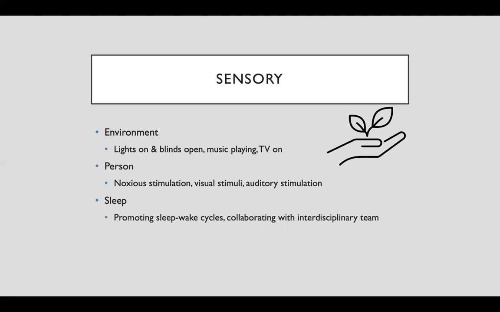More interventions to facilitate responses are providing visual interventions, such as scanning and tracking bright colors, and auditory stimulation, which may include, like I said, loud claps or saying the patient's name very loudly. We can also promote sleep-wake cycles through collaborating with the interdisciplinary team. Some interventions utilized in pediatrics to provide input to the body are brushing and joint compression, as well as muscle belly rolls.